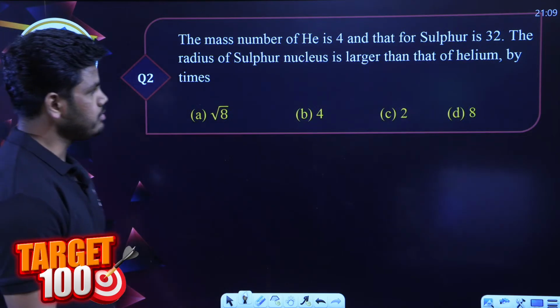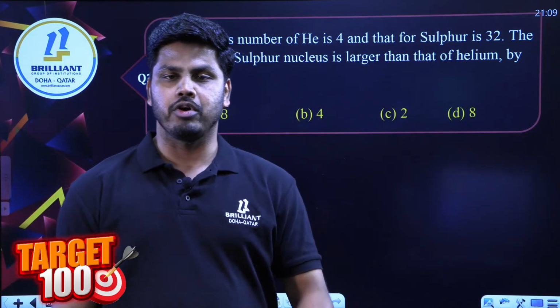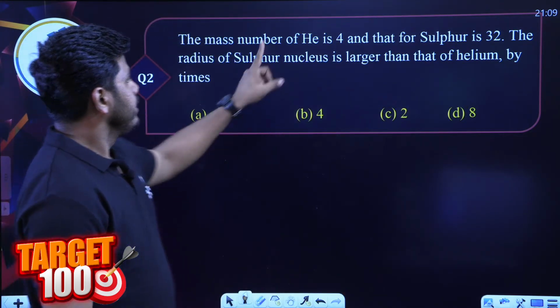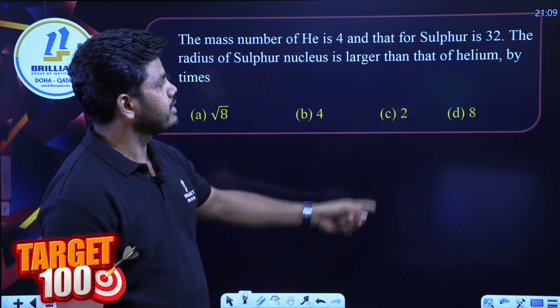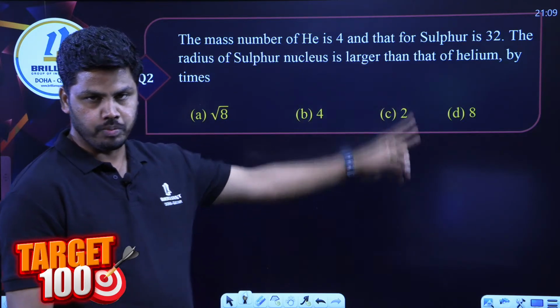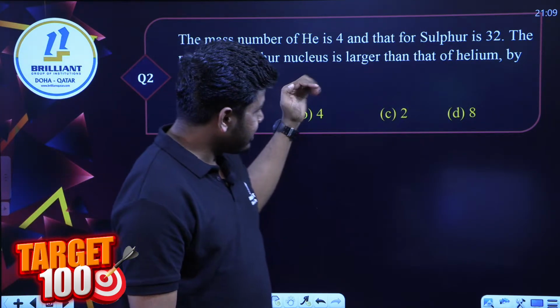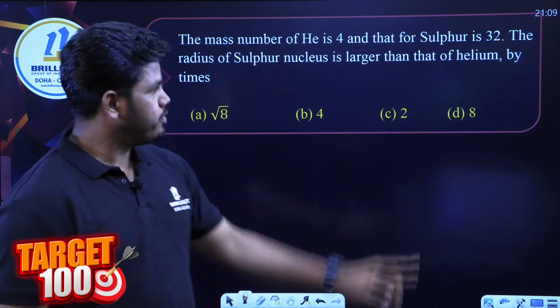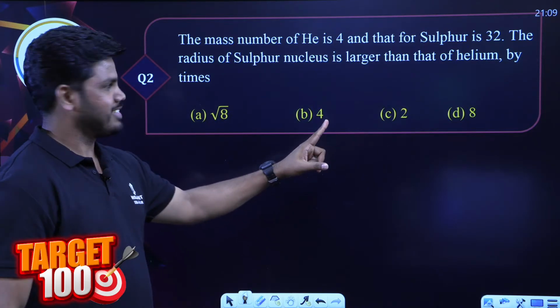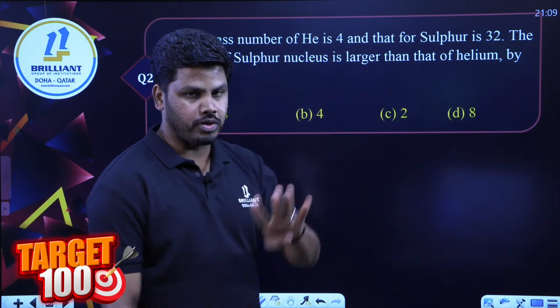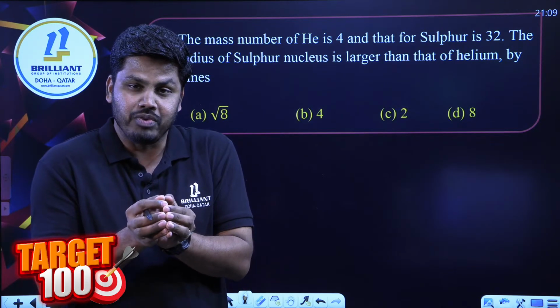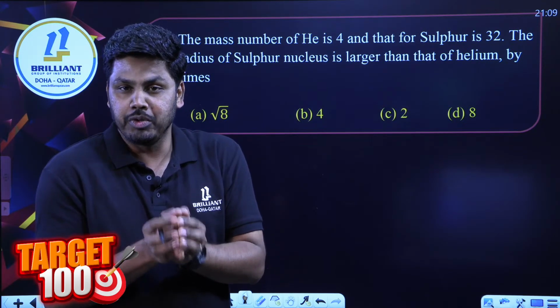You're given mass number of 2 nuclei. Helium is 4 and that of sulfur is 32. The radius of sulfur nucleus is larger than that of helium. We know mass number of helium is 4, which means inside the nucleus of helium we have 4 nucleons.